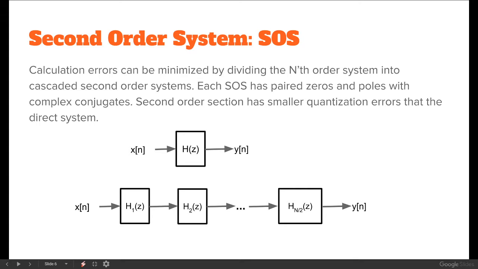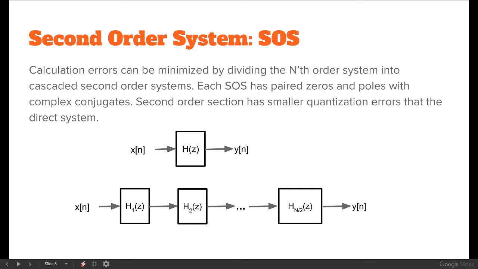Okay, how to break this one into second order systems? It's easy. You take, for example, these zeros and these poles. That's a second order system. Then you take these zero and pole pairs as a second order system, and then this one is the third second order system.